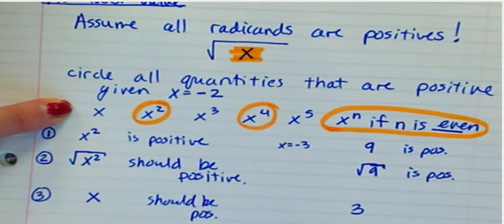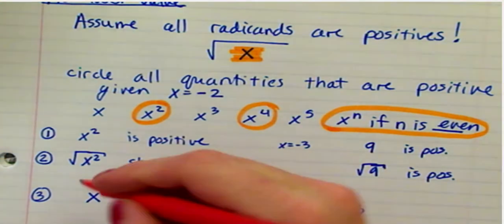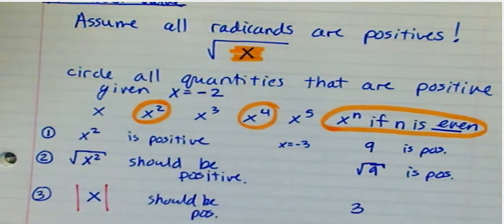X does not have to be positive. So how do I make x positive? You write in your absolute value. Okay? That's where your absolute value comes in. We're going to say it again. Red pen. Okay? That's where your absolute value goes.